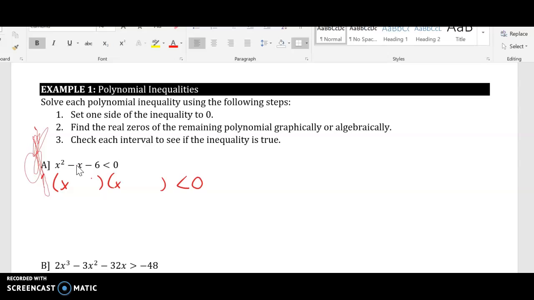They have to add or subtract to 1. It's got to be 2 and 3. Signs have to be different. The bigger one has to be negative. Solve both of these. Get -2 and 3. So we need to make a number line.